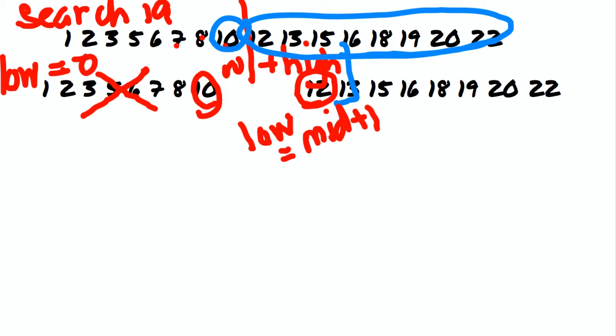If the middle term is initially 7, a sub 7, then our new low will be a sub 8, which is 12. For the high, however, high will remain at 15, at index 15, as long as the inequality is satisfied, meaning the query is greater than the middle term.